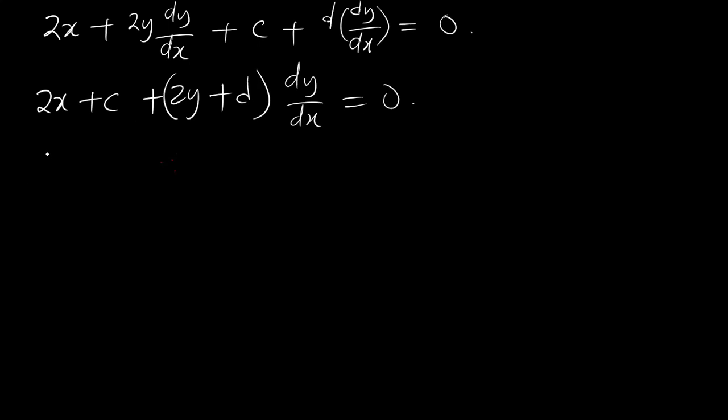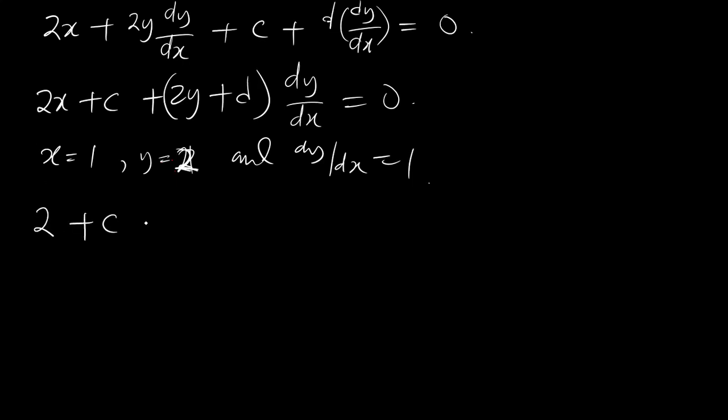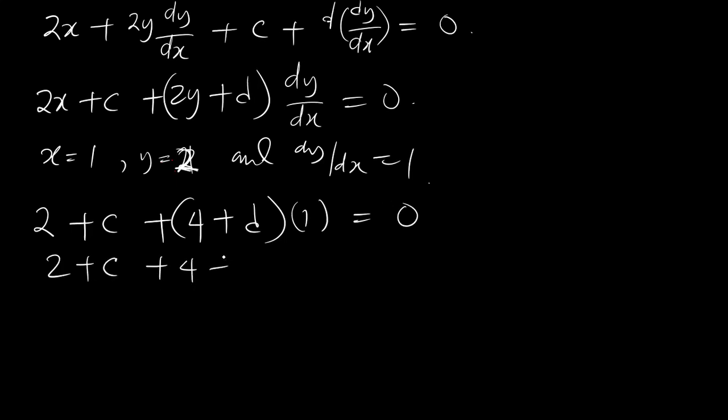Now when we substitute x is equal to 1, y equal to 2, sorry, and dy/dx equal to 1, what we have here is 2 plus c plus (4 plus d) times 1 equal to 0.